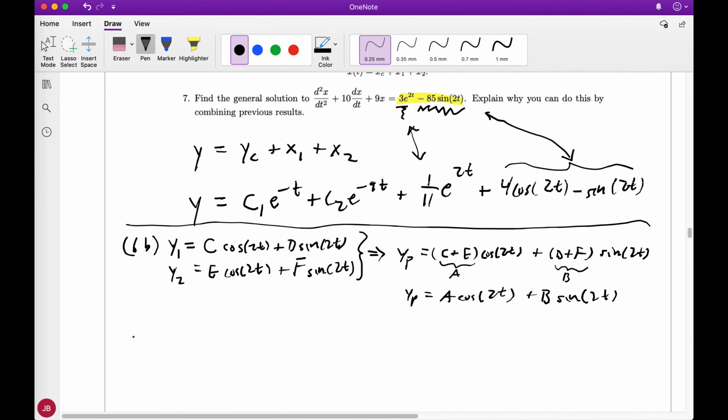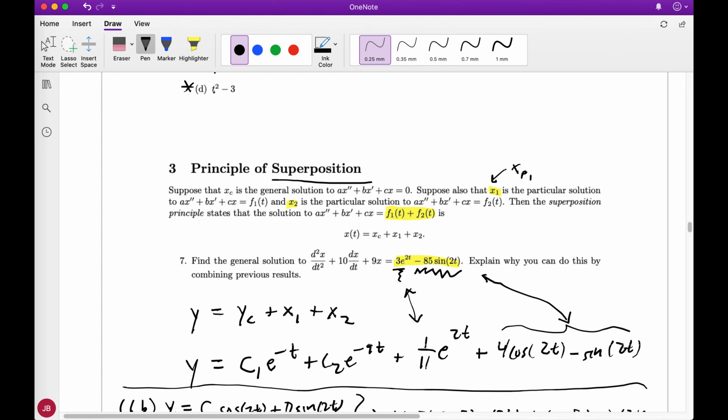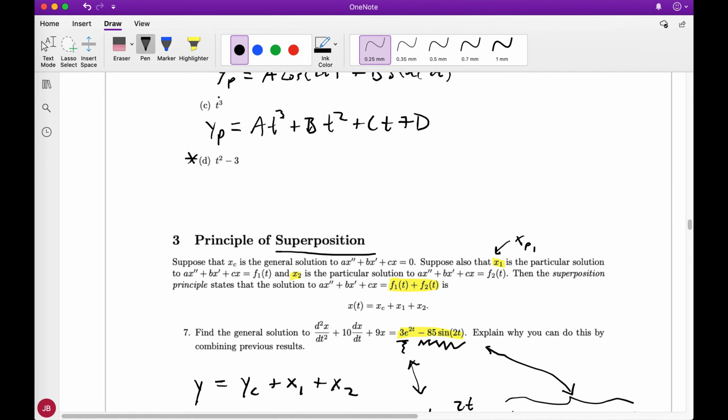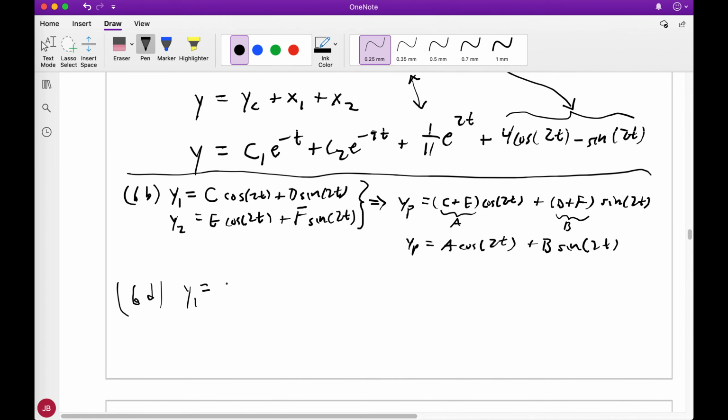But for 6d, our first term is a t squared, and we know from just a couple, right here, I guess, if you have a monomial term, you start with that highest power and then count down, right? So in this case, you started with t cubed and then went down to the constant term. So for this monomial term, t squared, we're going to have at squared plus bt, and now I'll save the constant c, and I think you can kind of see why, plus d, and now go all the way back to the very first video here, if you like.